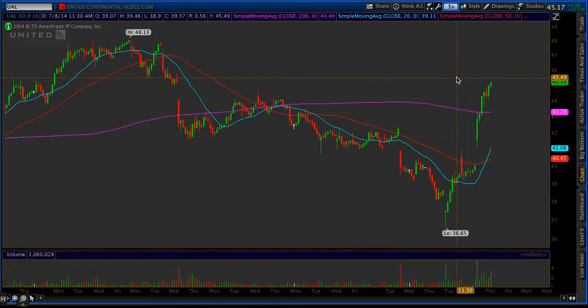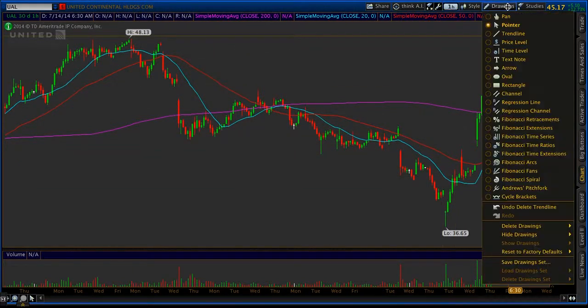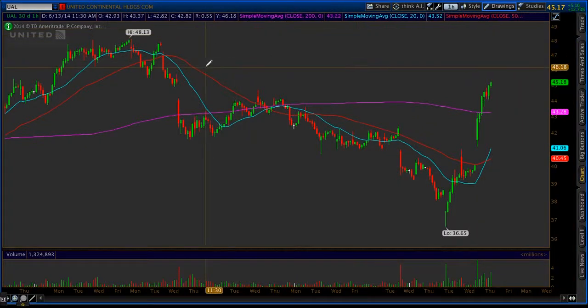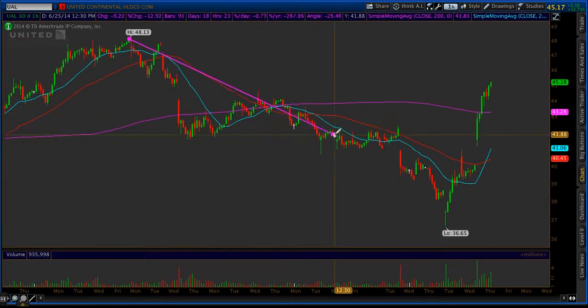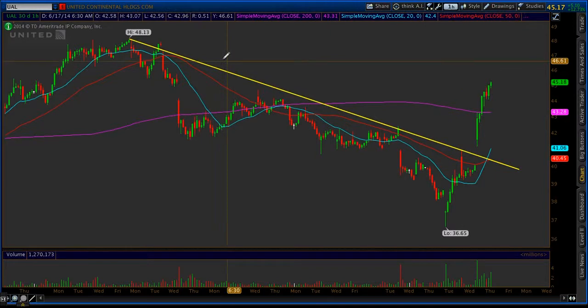I'd like to point out a few things before I really dive into this one. So again, this is your 60-minute time frame. First thing, this stock has broken its downtrend it's been in.